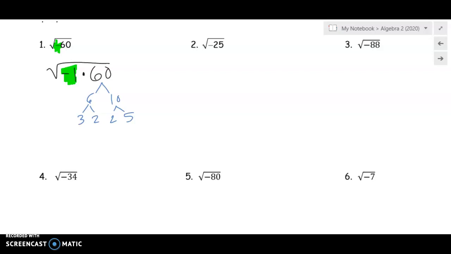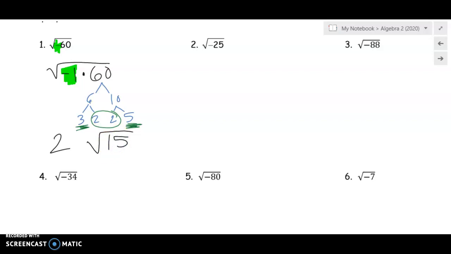Now I'm going to circle my pairs, my matches, and underline my leftovers. When I go to write this, and this is where you have to be careful, the 2 is going to come in the front, and the 3 and the 5, so 3 times 5, which is 15, is going to go underneath.